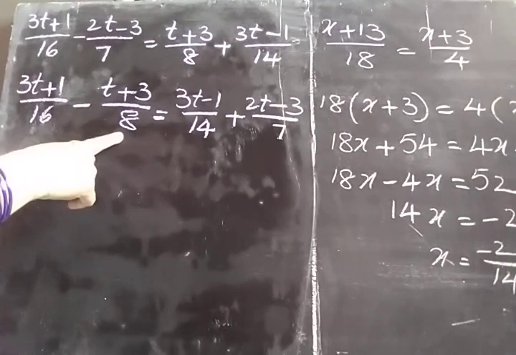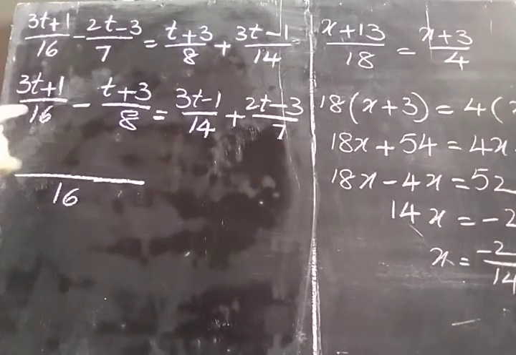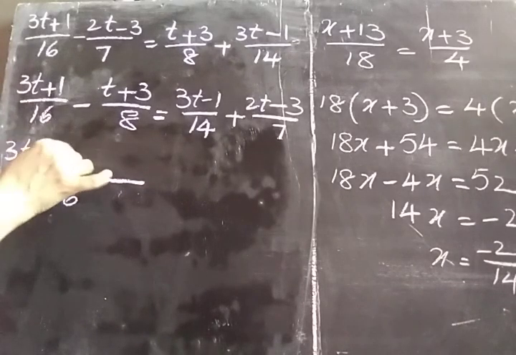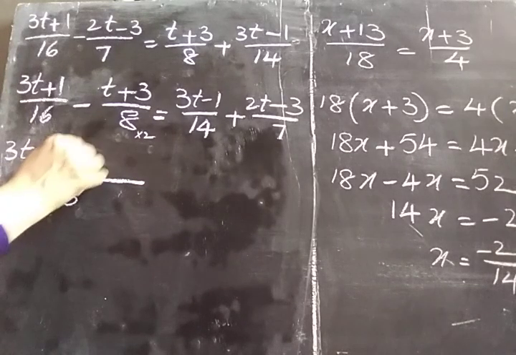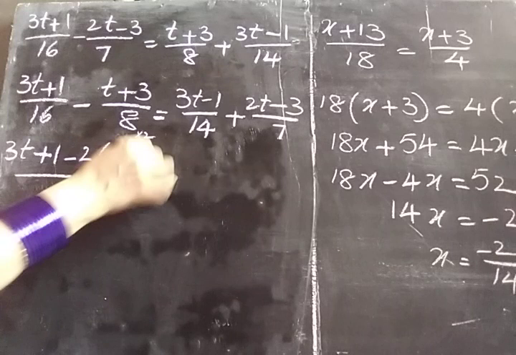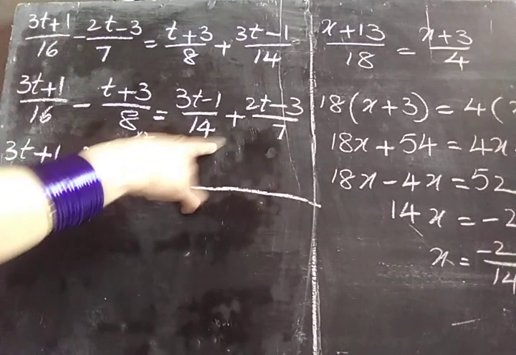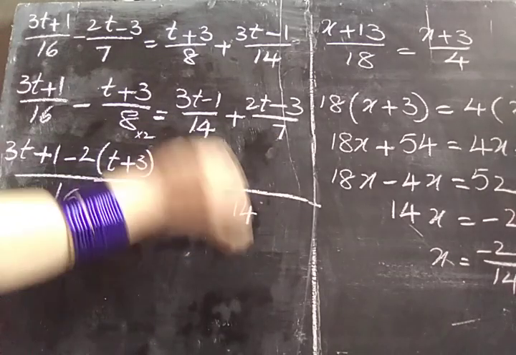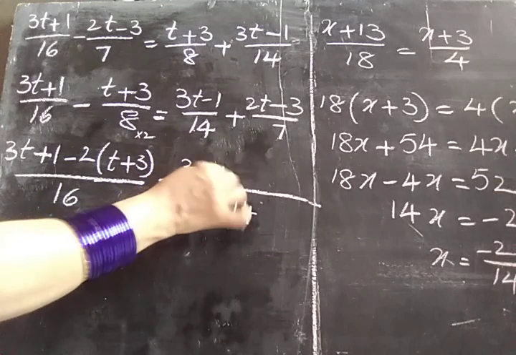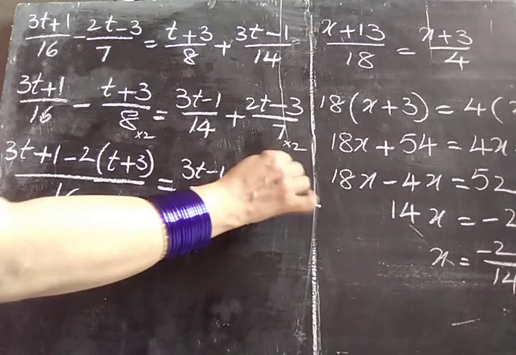See here 16, 8, LCM is 16 only. 16 one time only, so 3t plus 1 minus, here 8 2 times only, 8 2s are 16, so 2 into (t + 3), is equal to, RHS also 14 and 7. LCM of 14 and 7, 14 only. So 14 is one time only. So 3t minus 1 plus 7 2 times only, so 2 into (2t − 3).